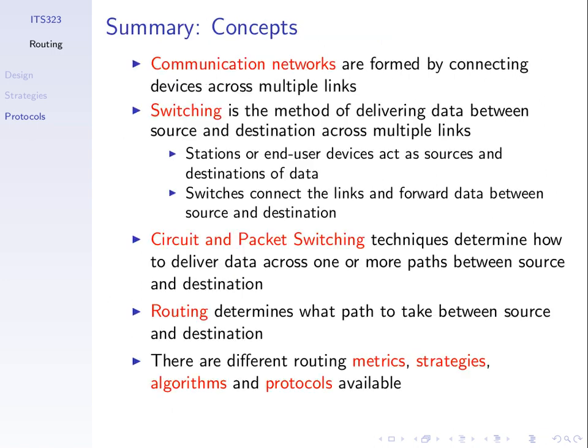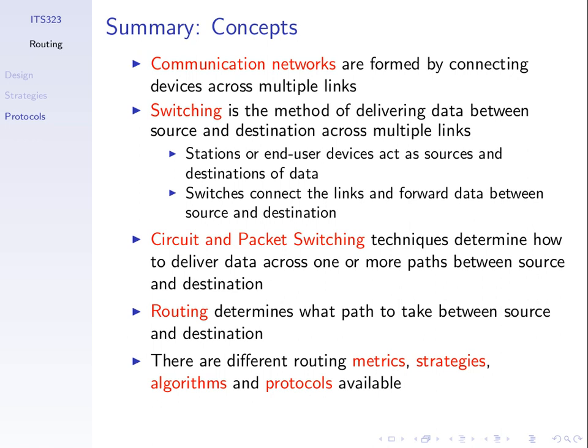So let's finish. This is a summary of the two topics of switching and routing, because they're related. Generally, we now have communication networks formed by connecting devices across multiple links. Switching is the method for delivering the data through the network.